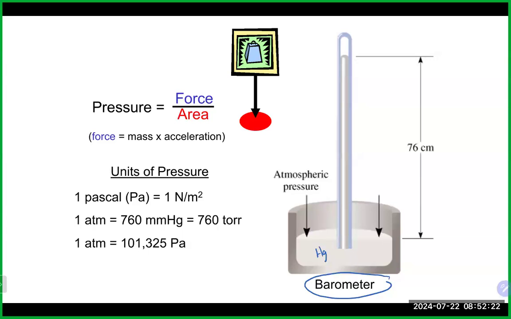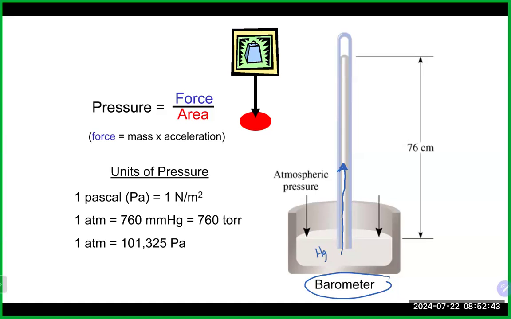As atmospheric pressure exerts on the pool of mercury, the mercury rises in the tube. That is a very common way that we can calculate the pressure of a gas or the pressure of the room, for example.